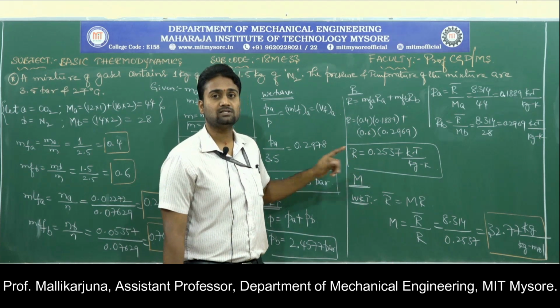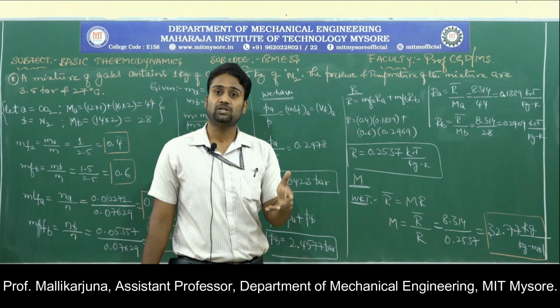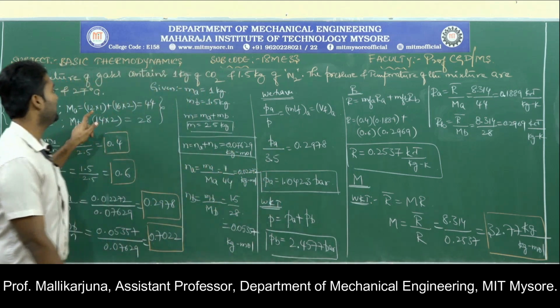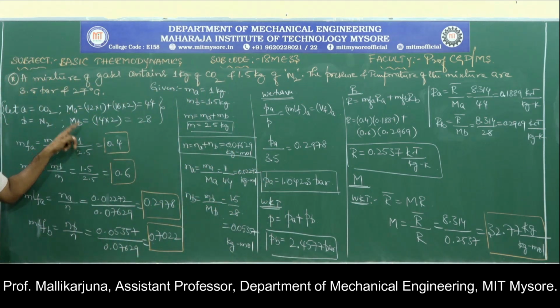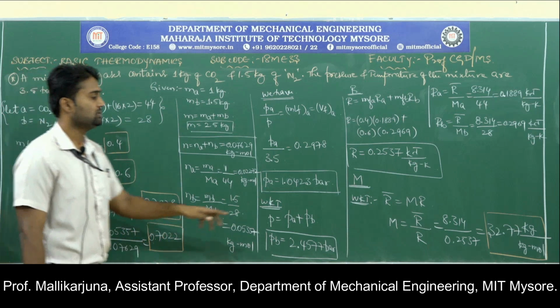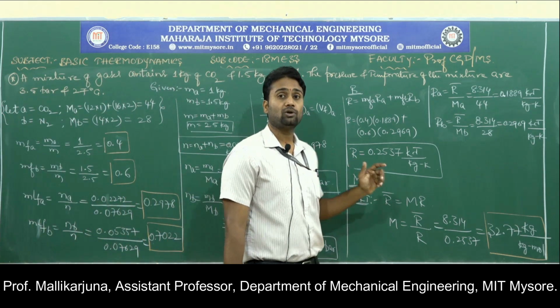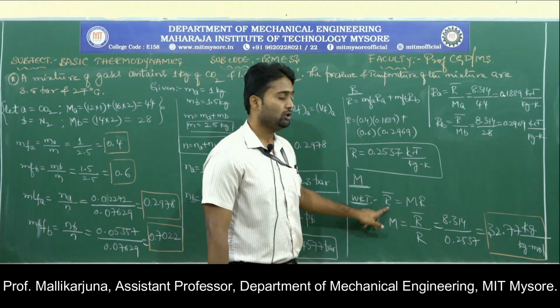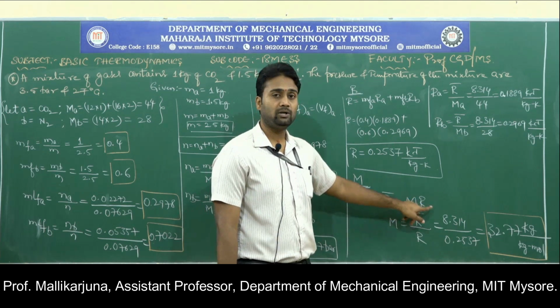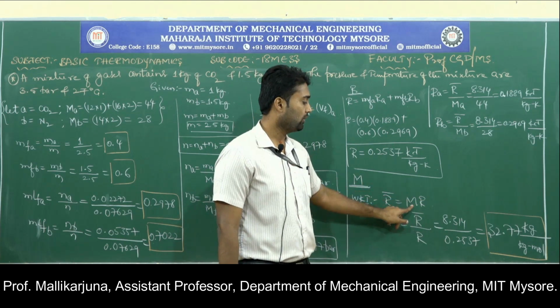By making use of this, I can get molecular weight of the mixture also. In the initial stage, you have calculated molecular weight of constituent gases A and B. In this stage, you will calculate molecular weight of entire mixture. I know R bar can be written as M into R. Now I am looking for molecular weight.